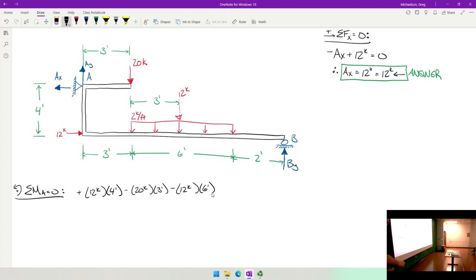Now, does By generate moment at A? Yes. Is that positive or negative moment according to our sign convention? Positive. And what is the moment arm? How far is the moment arm from A? 11 feet. So this is, as you were saying, 48 foot kips.